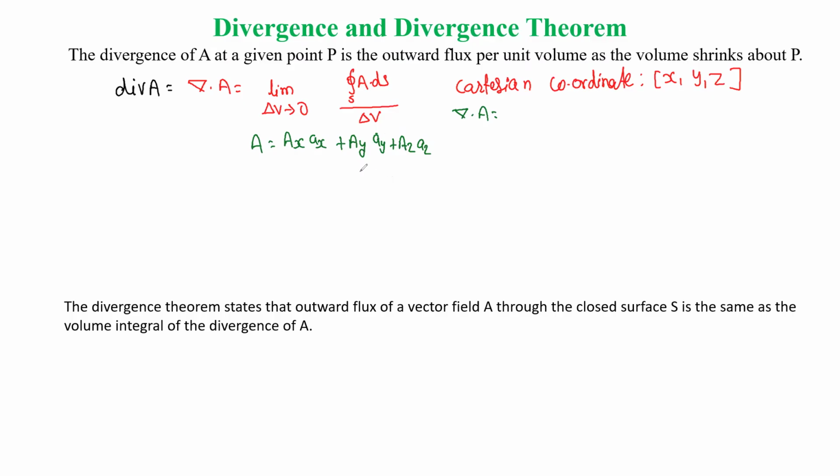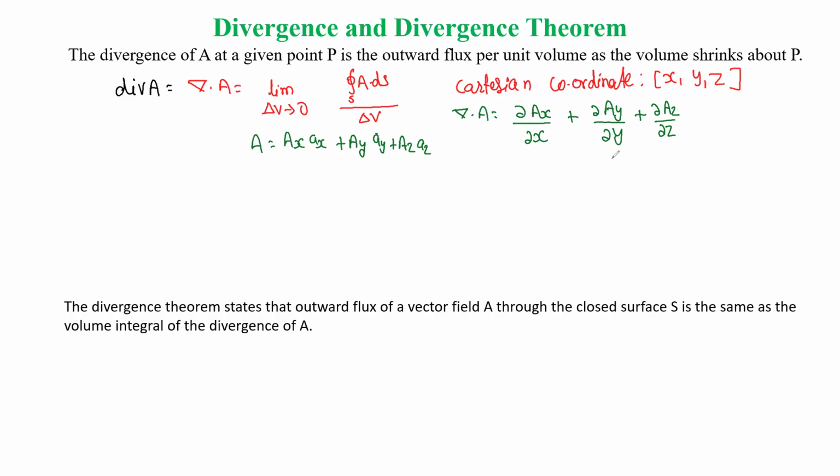In the case of the gradient of A, the dot operator will not come, but here we use del dot A in the case of divergence. So this divergence will be given as dou Ax by dou x plus dou Ay by dou y plus dou Az by dou z.